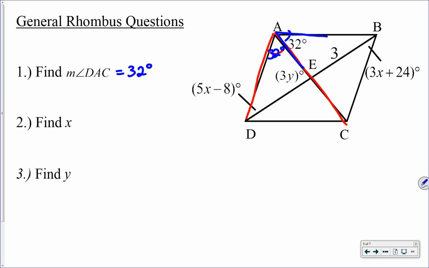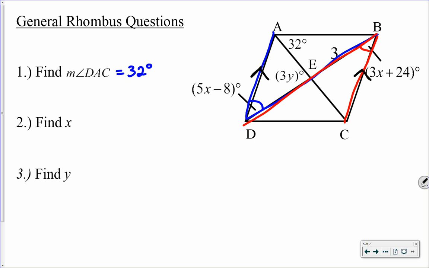Okay, next one, find x. So we're going to see where x is at. X is pointing to this angle right here and this angle right here. Well, a rhombus has the same properties of a parallelogram, and a parallelogram has parallel lines.